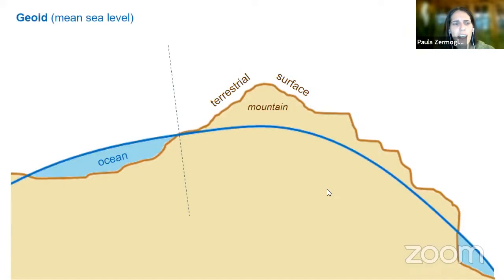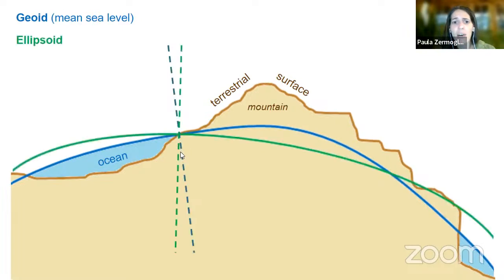And so if we use the geoid that is based on the mean sea level, this is going to be represented like this, at mean sea level, and at every point it is perpendicular to the gravity. Now, the ellipsoid does not follow the mean sea level, it's just a geometric shape.